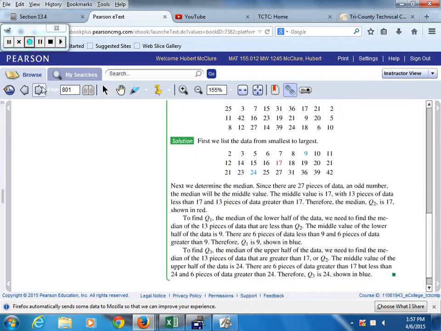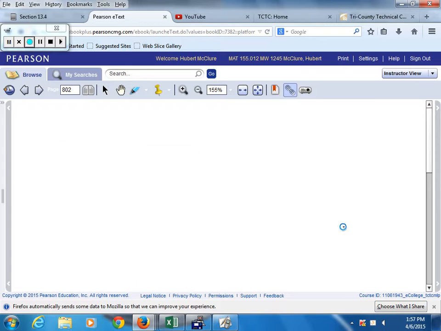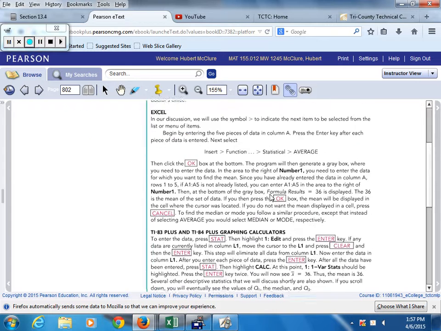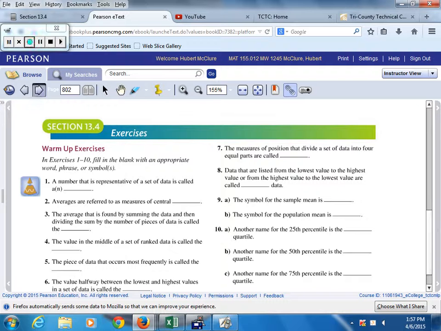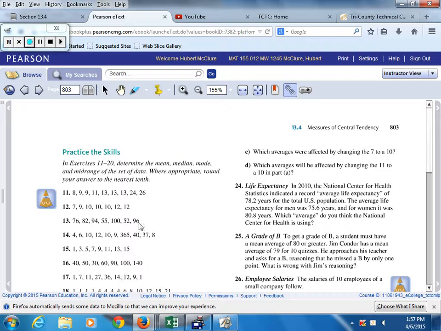Now, finding the quartiles is pretty simple. Let's get an example. Okay, let's look at number 11 right here. Just ignore the directions, because I want to use some simple numbers and show you how to find quartiles.